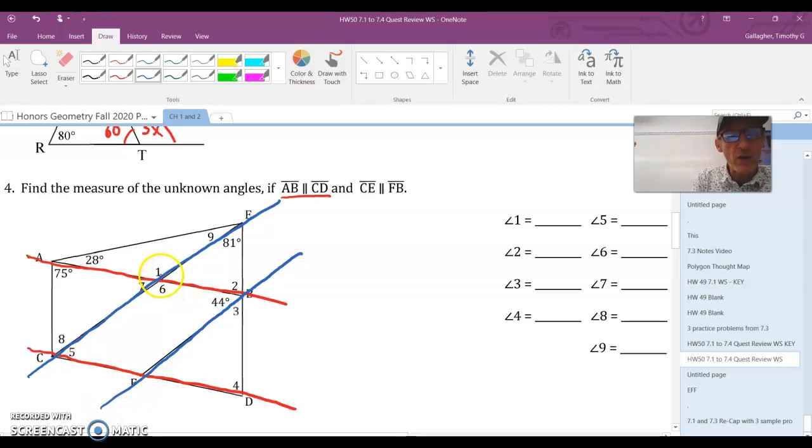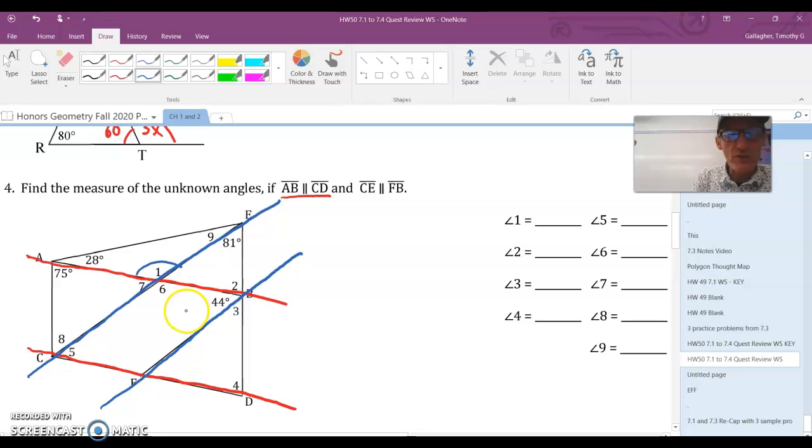Now, in order to figure out angle 1, it's going to be a little tricky at first because we have to figure out maybe angle 7 first or angle 6 first.